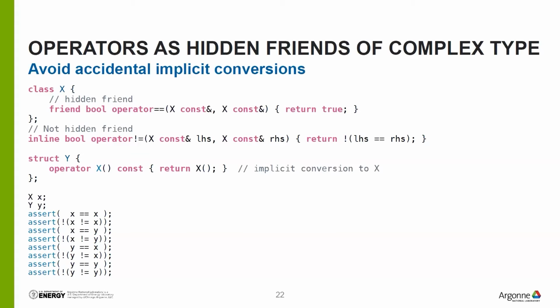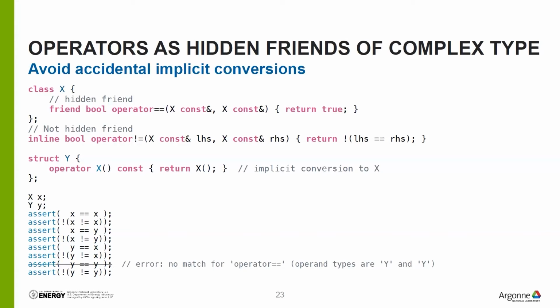And in this example, I now have a struct Y, which is a different type, that has an implicit conversion to X. So of those 8, one of those lines doesn't compile because it's a hidden friend. And it's that line. You can't compare 2 Y objects to each other. Because what happens is it does argument-dependent lookup. If it has an X, it says, okay, I will look in class X to see if it has the hidden friend that I can use.